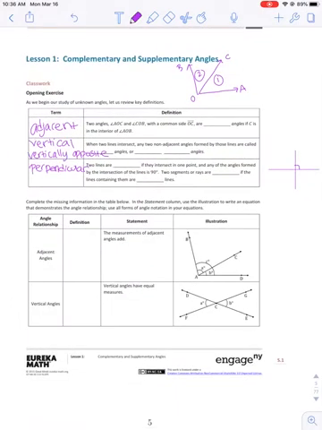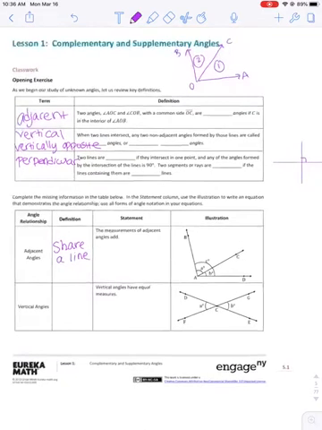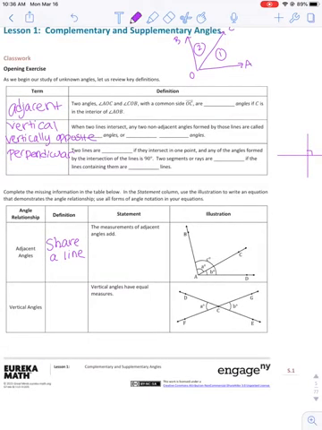All right, so now we're going to play around with these definitions again. Adjacent angles, we already said they share a line. They are neighbors. There's one line that they both have. It says the measurements of adjacent angles add. What that means: we have this angle here, which they've labeled angle B. That's CAD or DAC, doesn't matter.